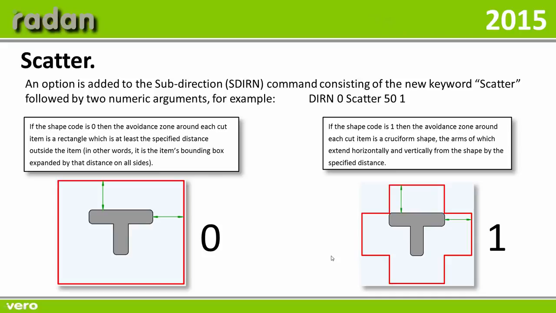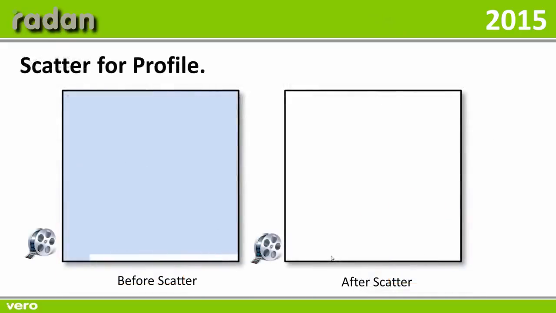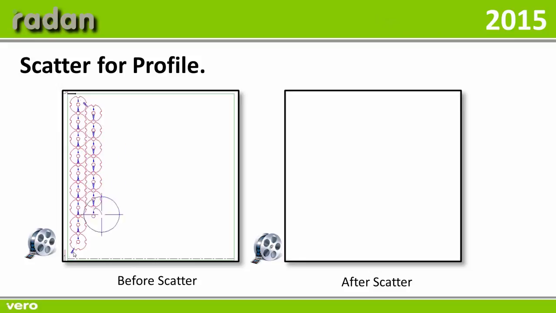Now, it makes much better sense for me to show you this. So here I've got a video showing a laser profiling machine without the scatter command enabled. So in effect, each adjacent component is being profiled.